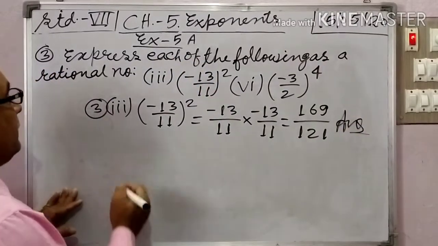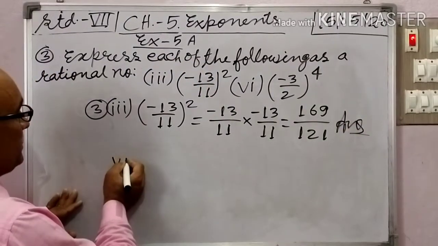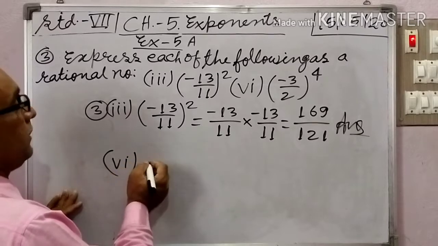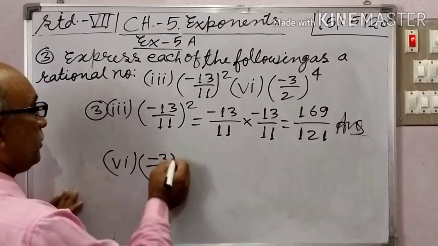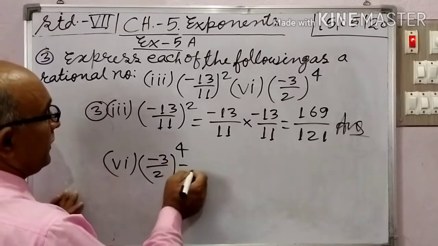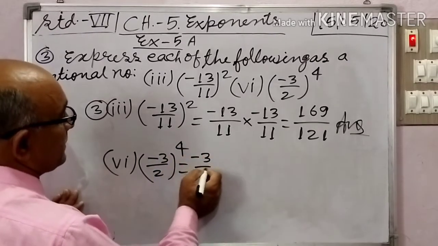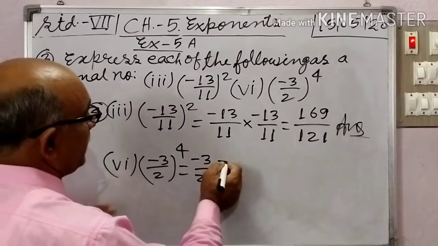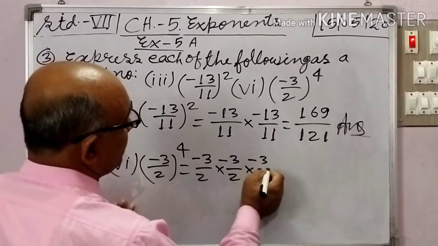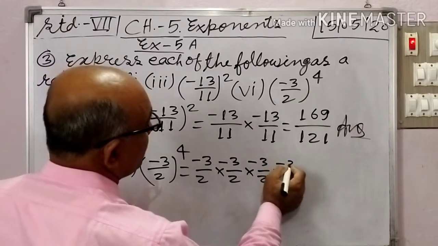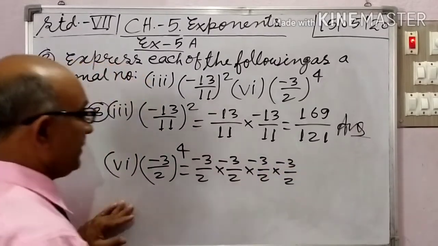Answer. Next question number 6 is minus 3 by 2 to the power 4, equal to minus 3 by 2 into minus 3 by 2 into minus 3 by 2 into minus 3 by 2.